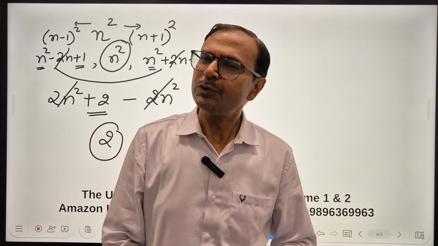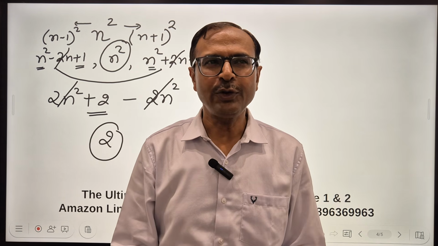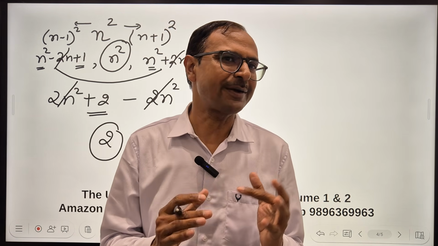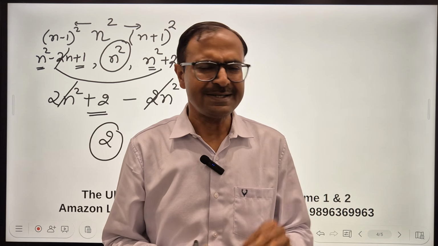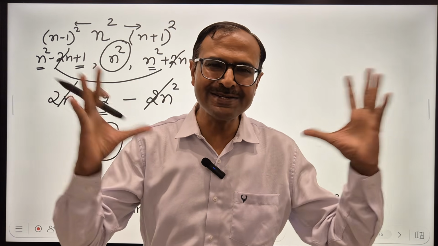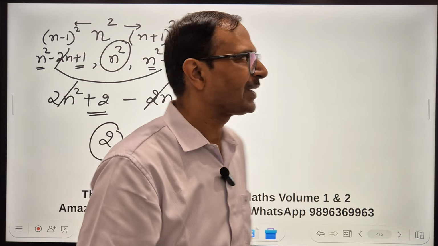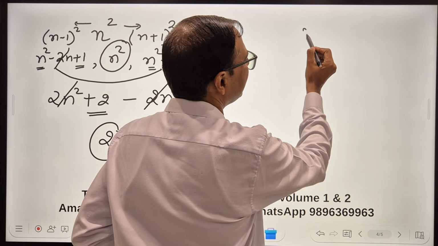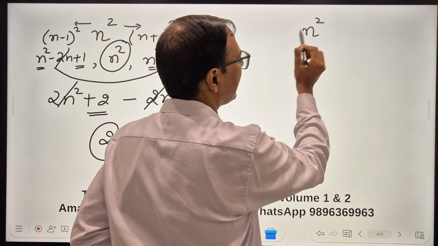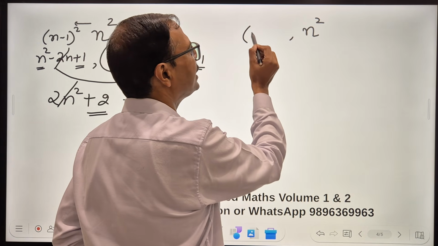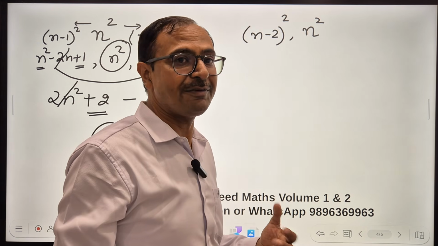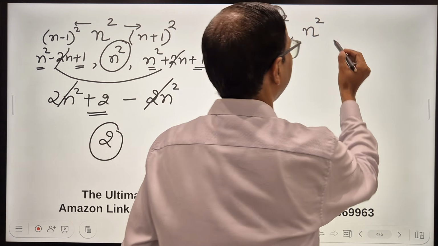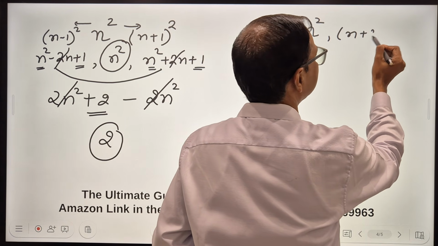What will happen if you skip one number in between, like if you take consecutive even numbers or consecutive odd numbers? Now I want you to experiment with that. I'll just give you a glimpse of the amazing result which you can get. Suppose n is an even number and I'm doing n square, and before that the previous even number obviously is n minus 2, because even numbers differ by 2, and n plus 2.